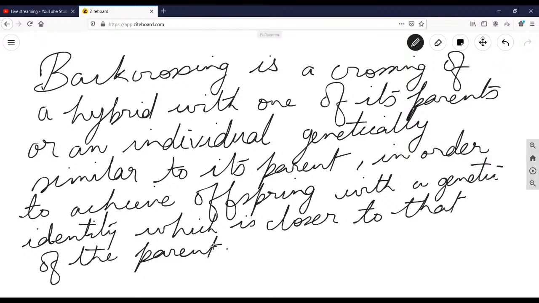It is used in various cases, like in horticulture. It is also used in animal breeding, and also in producing gene knockouts. Later on, you will be learning about gene knockouts. You knock out one allele or both alleles, which means you make that specific gene dysfunctional, so that you can get a null protein in that organism.